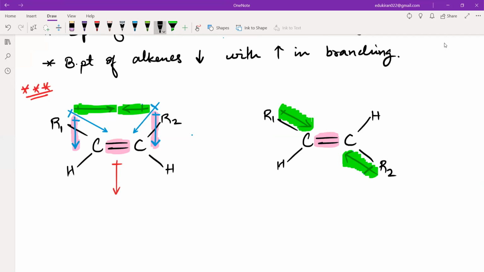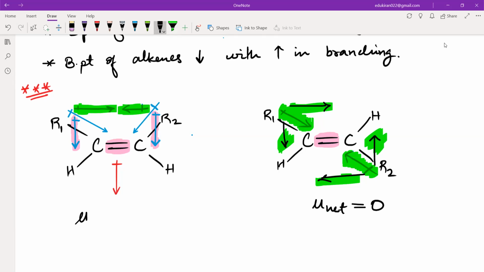Even if I make the components, this component and this component are in opposite direction. So the net dipole moment for trans alkene is 0. And here the net dipole moment is not equal to 0.